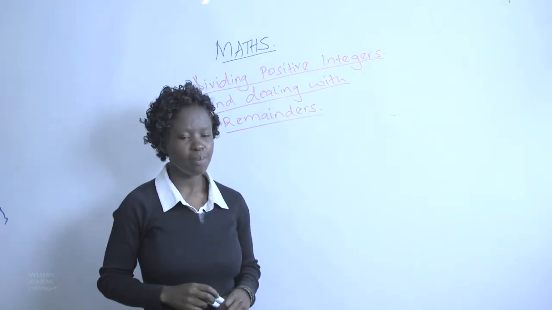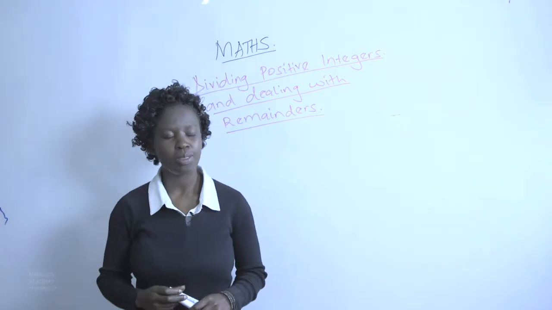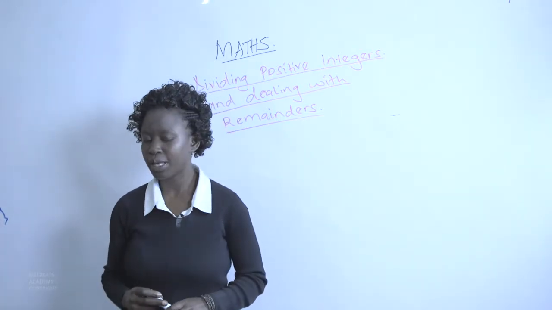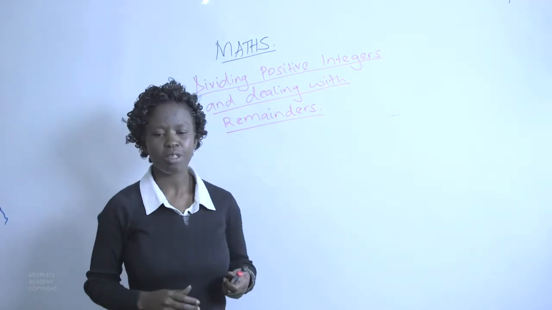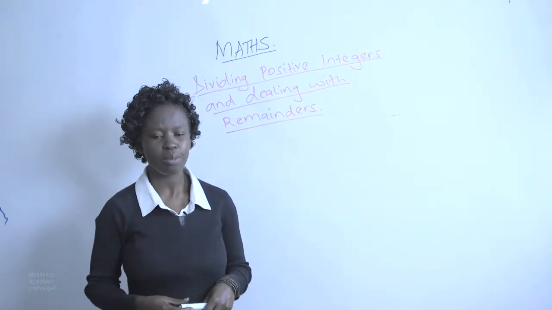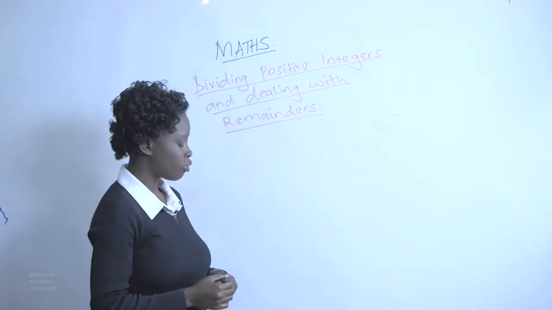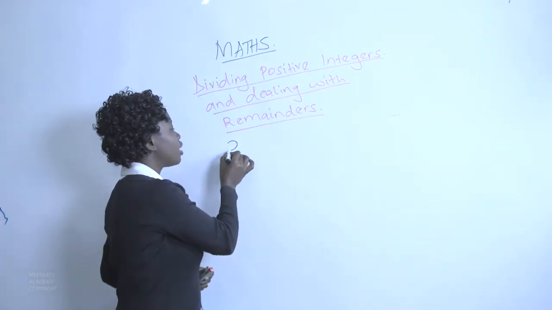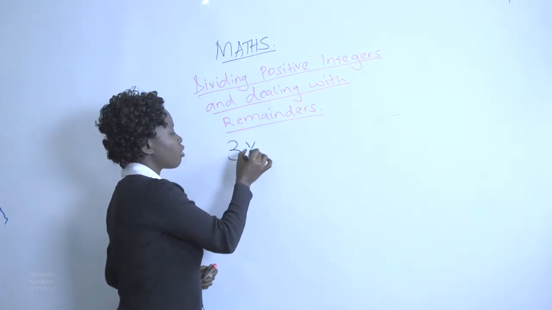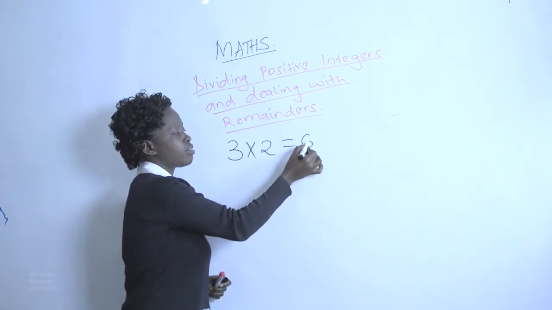First, it is important to note that division is simply the reverse of multiplication. So when you are doing division, you are simply doing the reverse of the multiplication that we've just handled. Previously, when we were looking at multiplication, for instance, 3 multiplied by 2 will give us 6.